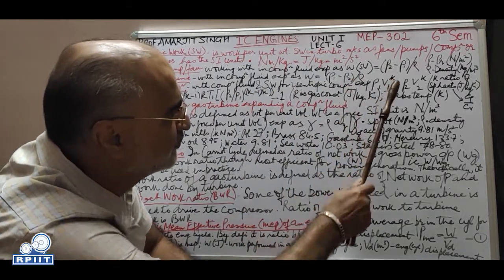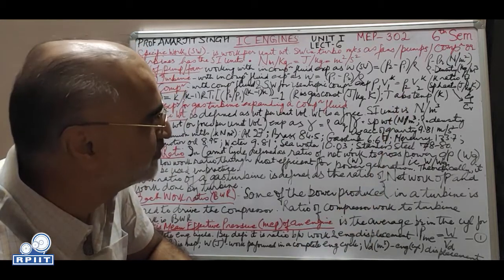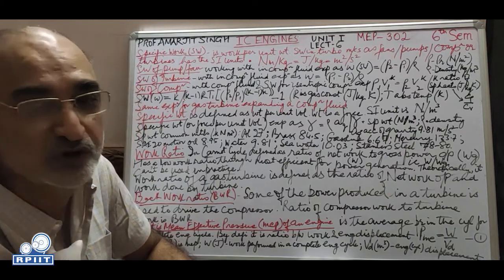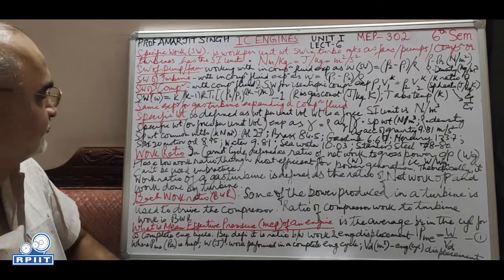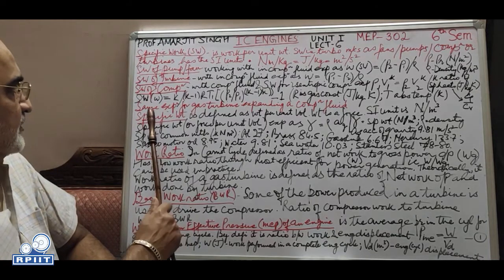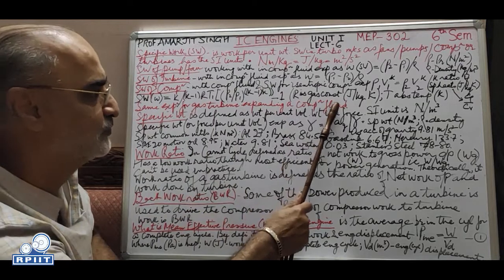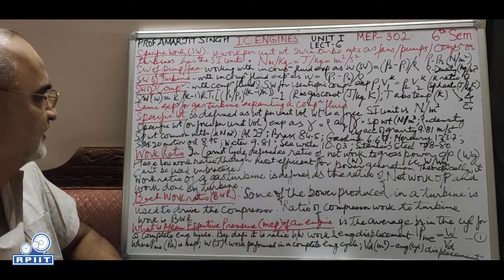V is volume, P is pressure, K is the ratio of specific heats. The same expression is for gas turbines expanding a compressible fluid. The same is applicable for a gas turbine.